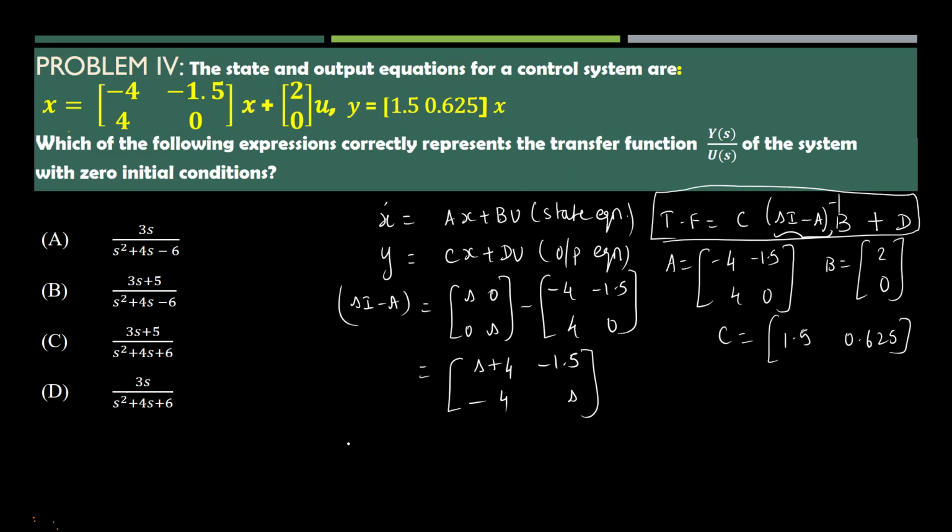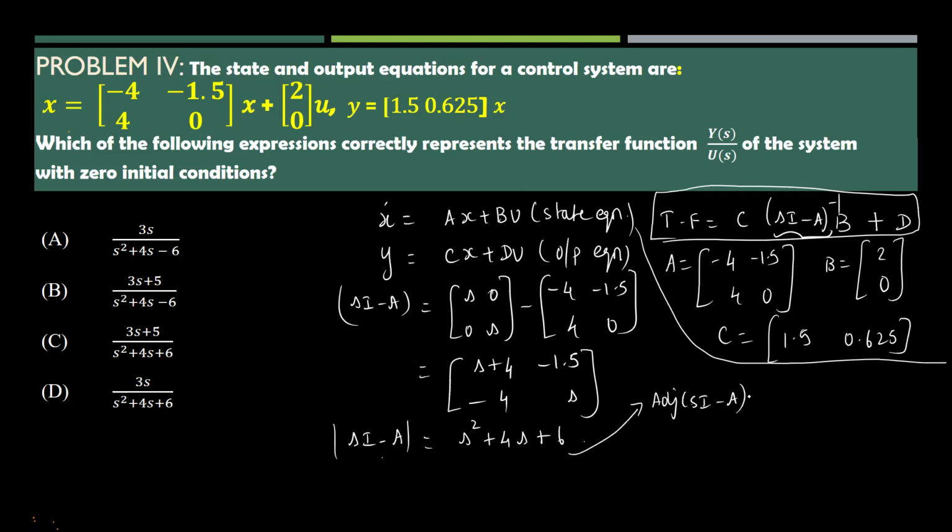Okay. So first let me find sI minus A whole inverse. For that we need to find the determinant and adjoint. So if you find the determinant, s square plus 4s plus 6. And I'm writing here adjoint of sI minus A. So adjoint by using the cofactor, transpose of the cofactor matrix.